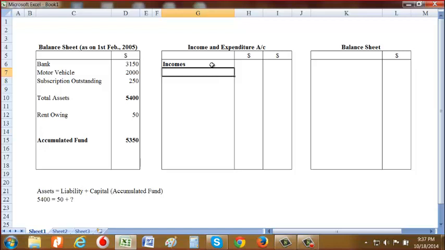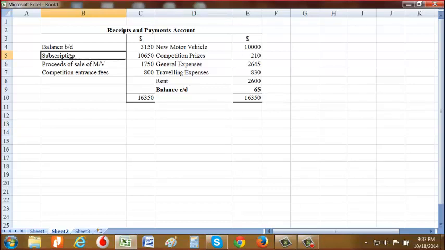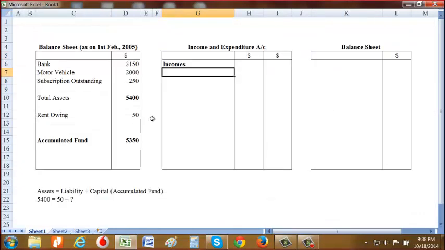So see, this is my receipts and payments account. See, subscription. Subscription is what? My income. So how much amount did I get? 10,650. Okay. So here, opening balance of what?